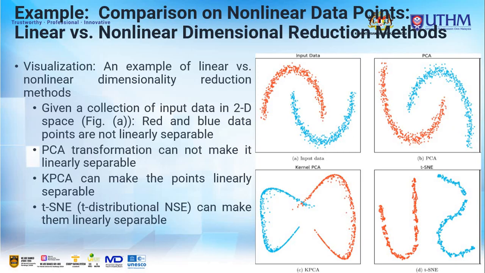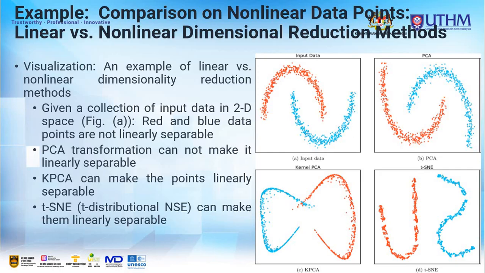The original data set has red points and blue points forming a circular pattern, and the two classes are intertwined and cannot be separated by a straight line. You can see here they cannot be separated. Here is the input data, then PCA, KPCA, and the last is TSNE, so four different methods there.